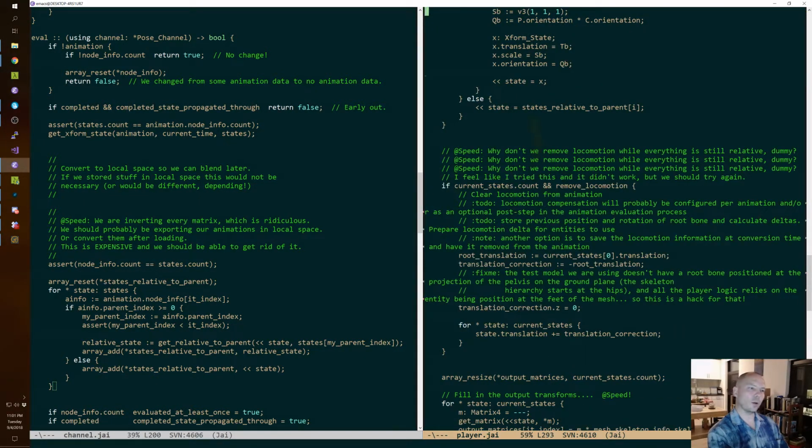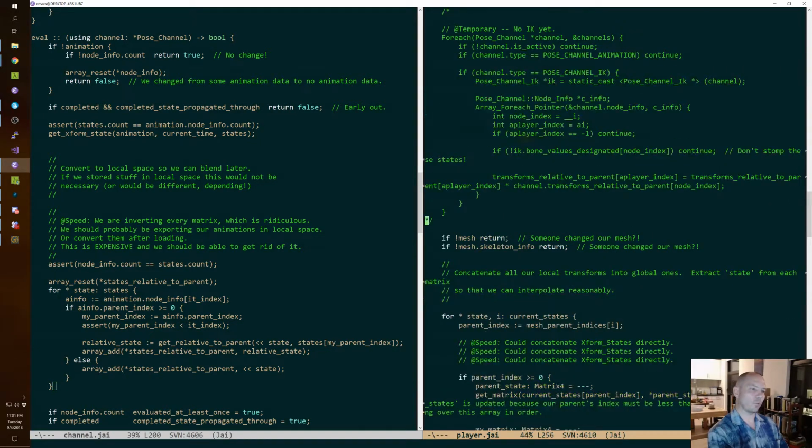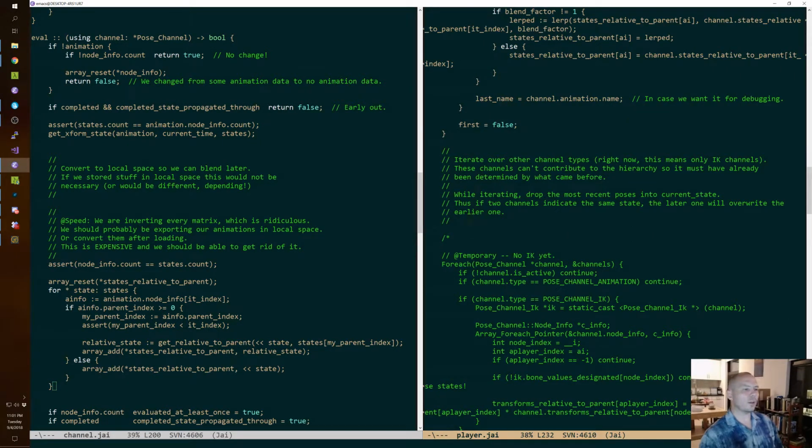So yeah, no, we really just do everything in local space. And I think, you know, as I was working on this animation system over time, I was learning, and so I was switching back and forth between various things, just trying to figure out, do certain things save you CPU or whatever. But I think really every operation should happen in local space, right? You know what I'm saying?